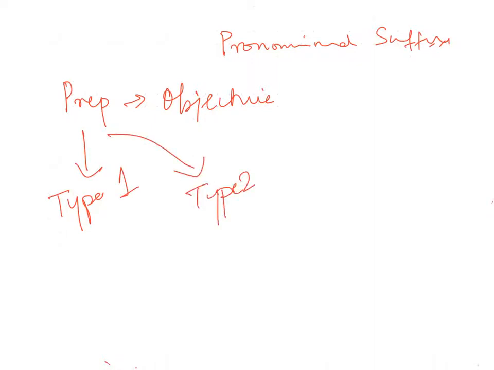So some prepositions will take type 1, some prepositions will take type 2. You just have to recognize the gender, the number, and the singular and plural of it, so that you can translate it accurately. And you'll always translate it objectively. It does not matter. So it's not too challenging at all.